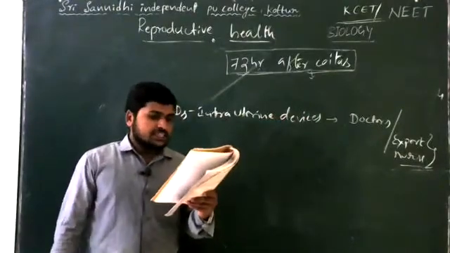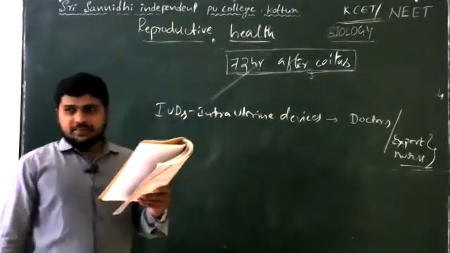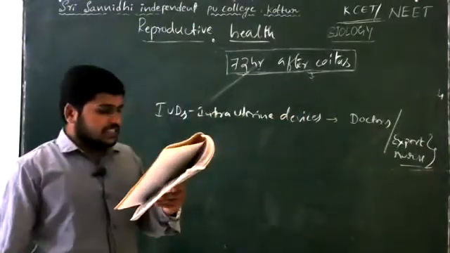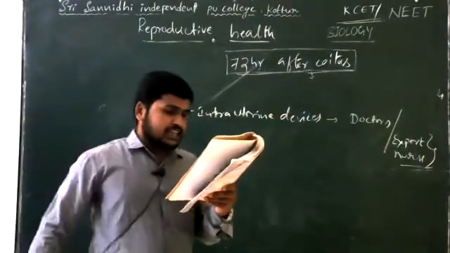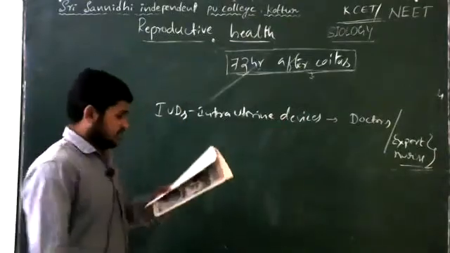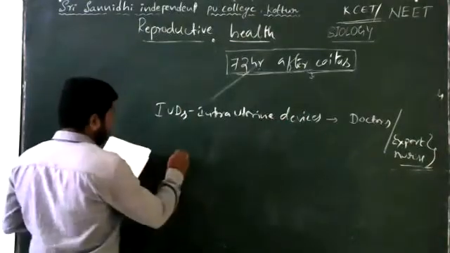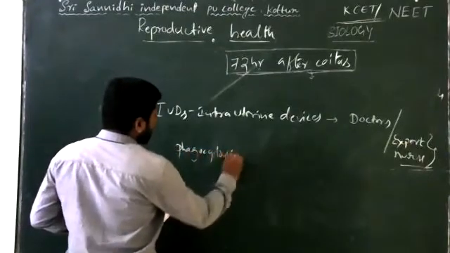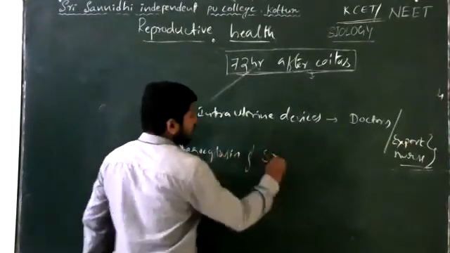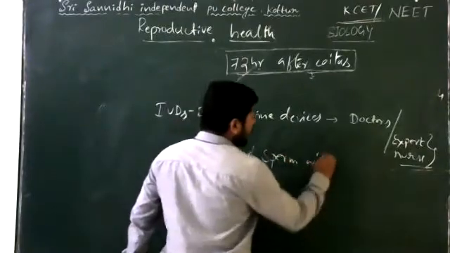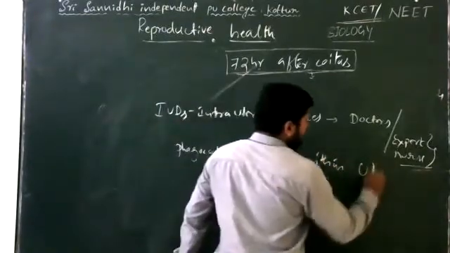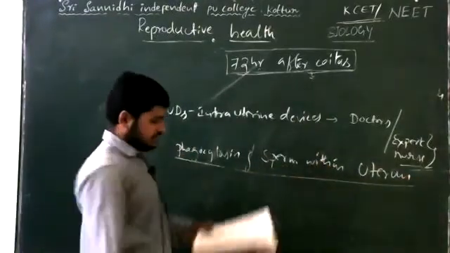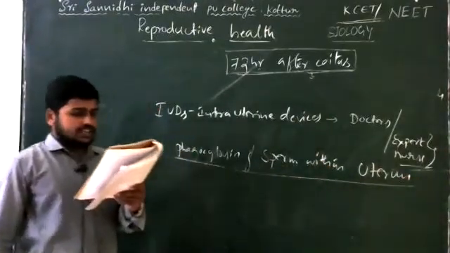That is not the correct statement. It's a wrong statement. Next, intrauterine devices increase the phagocytosis reaction in the uterus. That is correct. Intrauterine devices increase the phagocytosis of what? Of sperm within the uterus. That is the right statement.